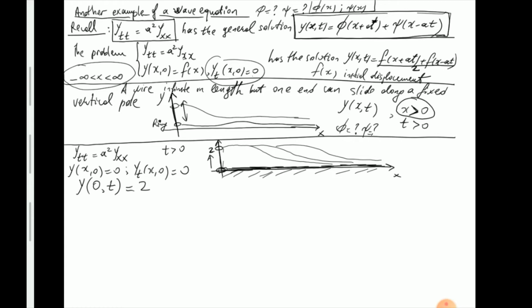So the way the solution should look, if I were to solve it, is some sort of a non-zero value to indicate the displacement. And at some point in time, it should still be 0, as you move to the right-hand side. Because again, it's infinite in length, so from a certain point, the wire is still lying on the ground, because the effect of this jerk on the left didn't arrive to that point yet.